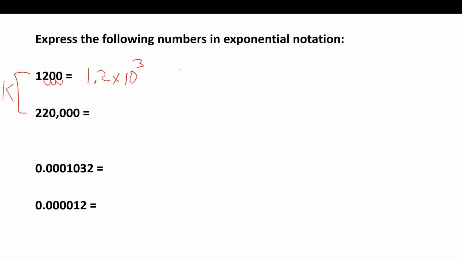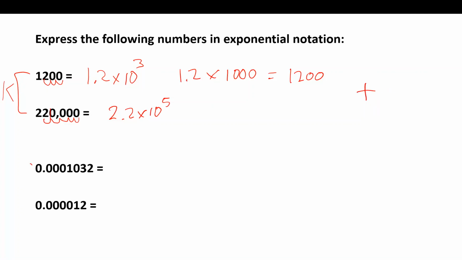Well, really, this is 1.2 times 1,000, and 1.2 times 1,000 would be 1,200. That's how we get that number. For the second problem, we move it over 1, 2, 3, 4, 5. So this is 2.2 times 10 to the 5th. Again, both of these numbers are bigger than 1. That's why we have positive exponents.